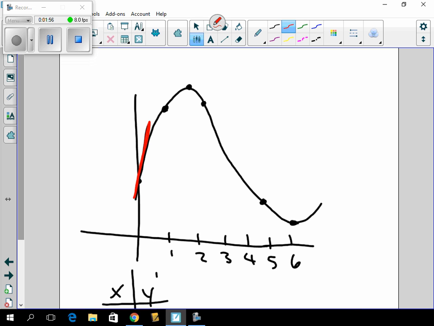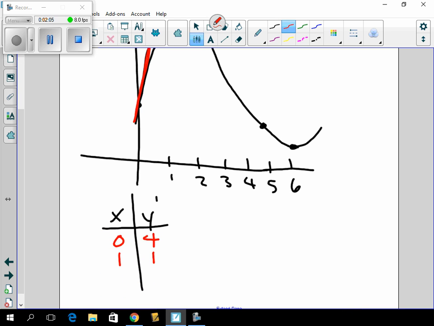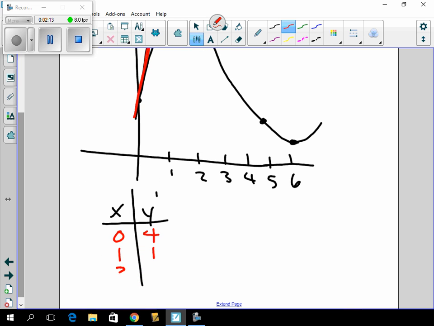This slope looks like a basic slope. I'm going to guesstimate that at about 1. So my slope at 1 is 1. Once I get up to 2, that's where I have a flat line. So whenever I have a flat line, my slope is going to be 0.